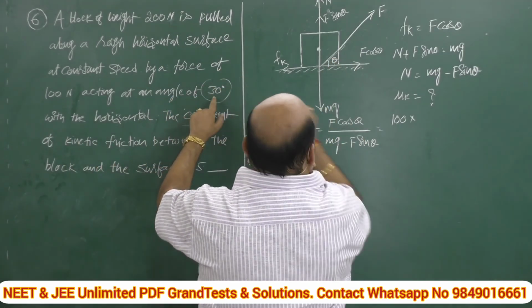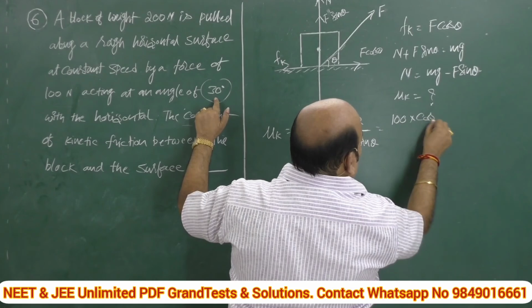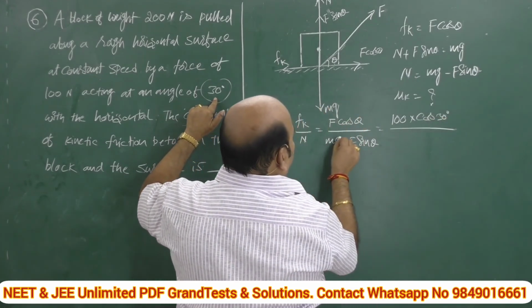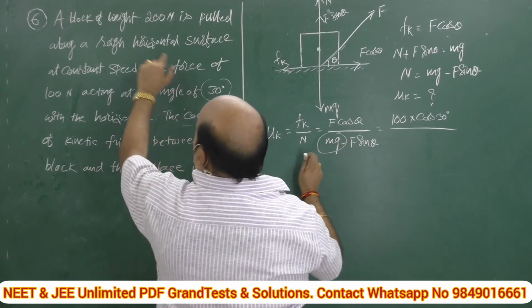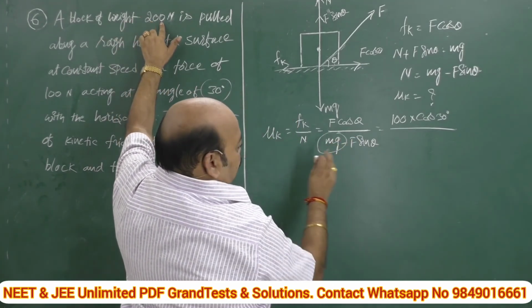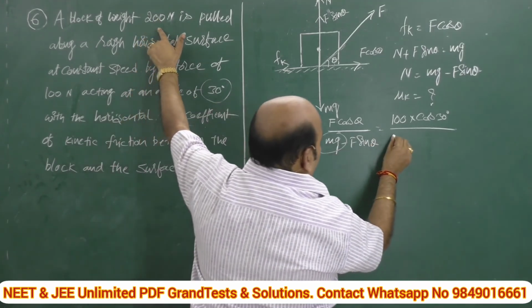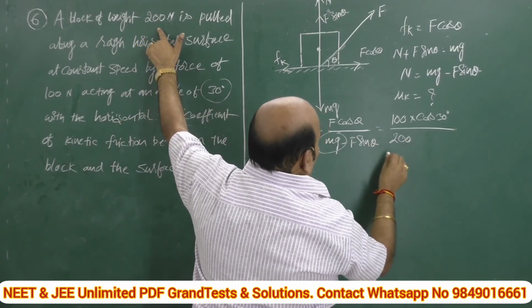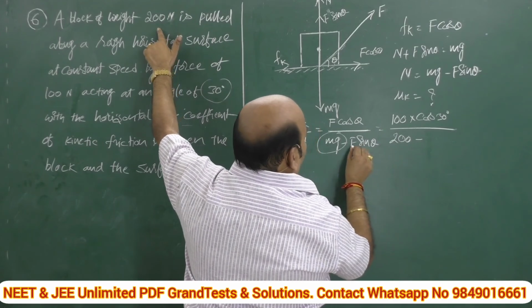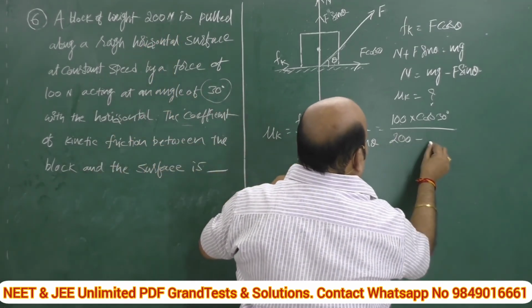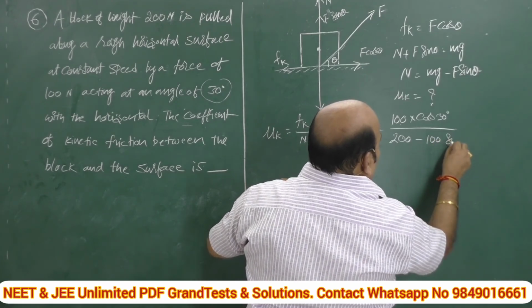So into cos 30, divided by mg. mg means nothing but weight. The weight of the block is given. No confusion, it is not the mass of the block, it is the weight that is given. So it is nothing but 200 minus F sin theta. So what is F? F is given as 100 into sin 30.